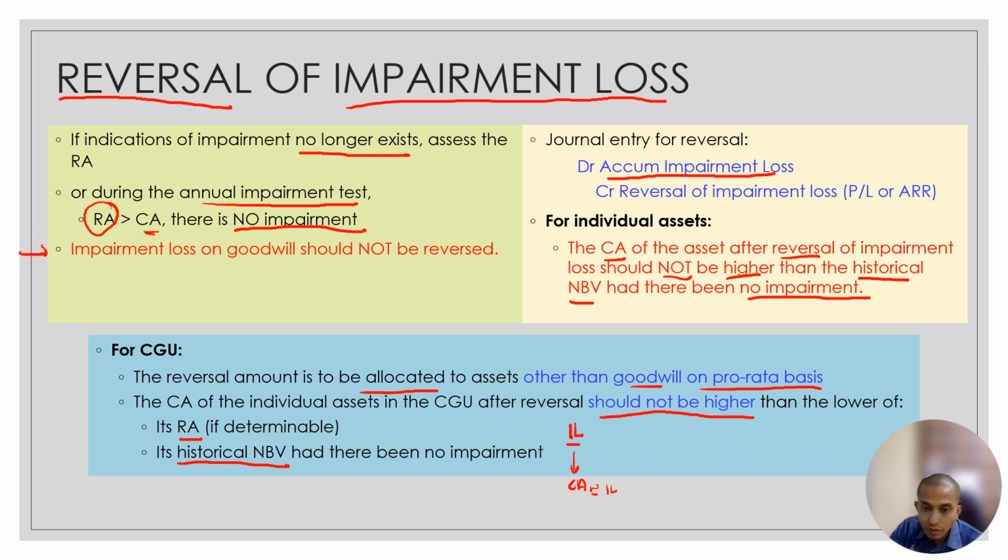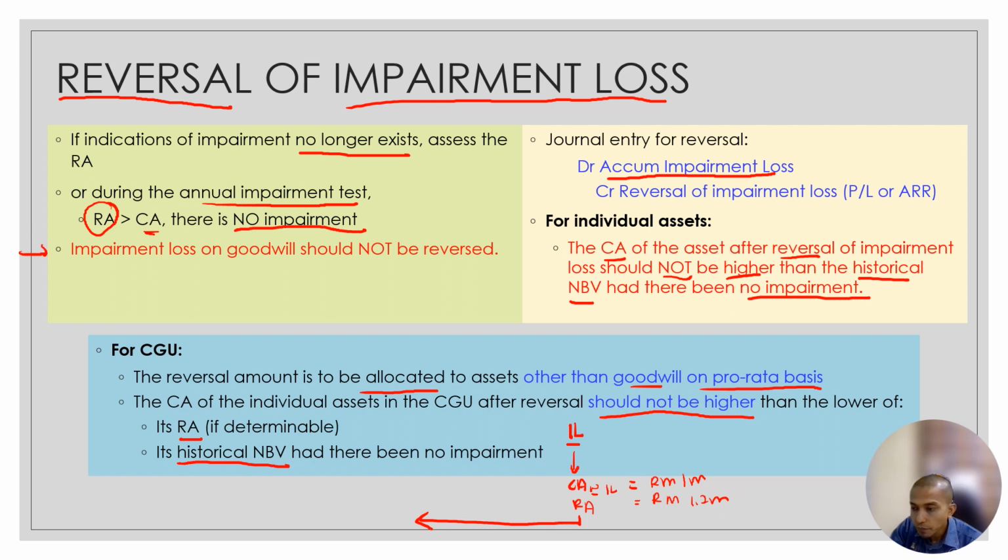We calculate the depreciation based on this figure. Let's say it is RM 1 million. Then when we do the recoverable amount test, let's say we get a recoverable amount of RM 1.2 million. Can we just reverse it to 1.2 million? Cannot. Before we reverse to 1.2 million, we need to compare.